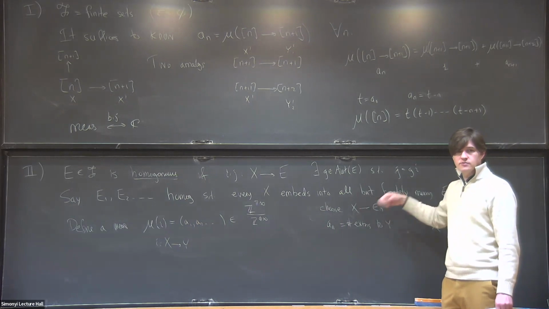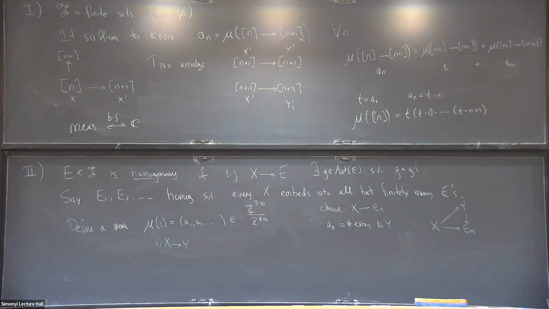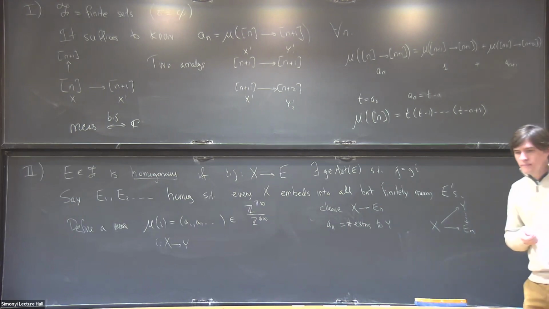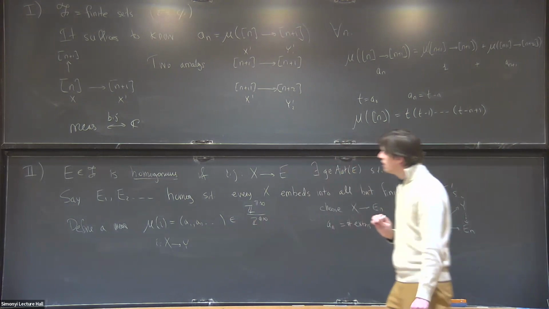Any two embeddings of X will look the same, and so there's some well-defined number of extensions of this embedding to Y. Yes, this is our coefficient ring for the measure here.